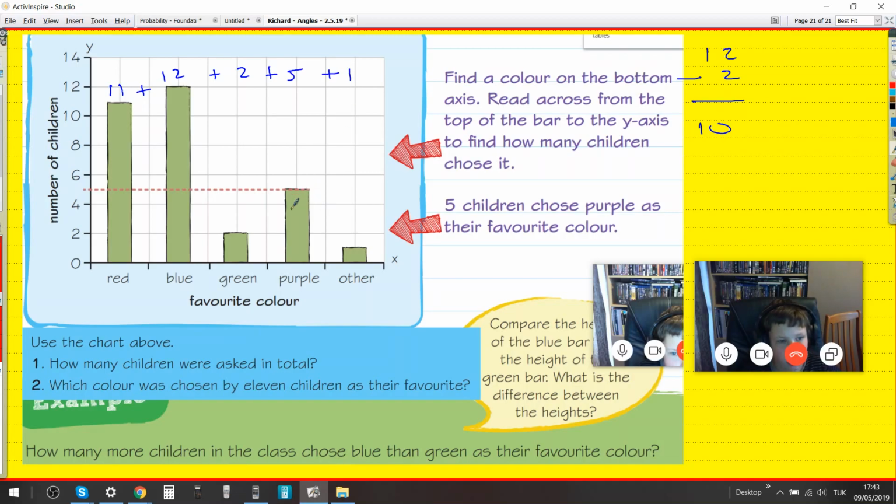So 11 plus 12 is 23, and then 23 plus 2 is 25, and then 25 plus 5 is 30, and then 30 plus 1 is 31. Well done. And then which colour was chosen by 11 children as their favourite? Red was. This is between 10 and 12. Yes. Well done. And that's 10.